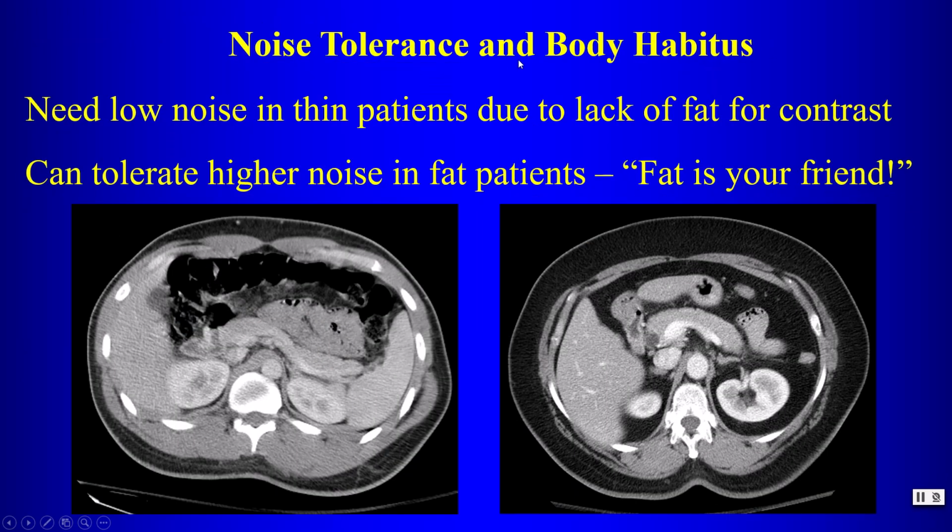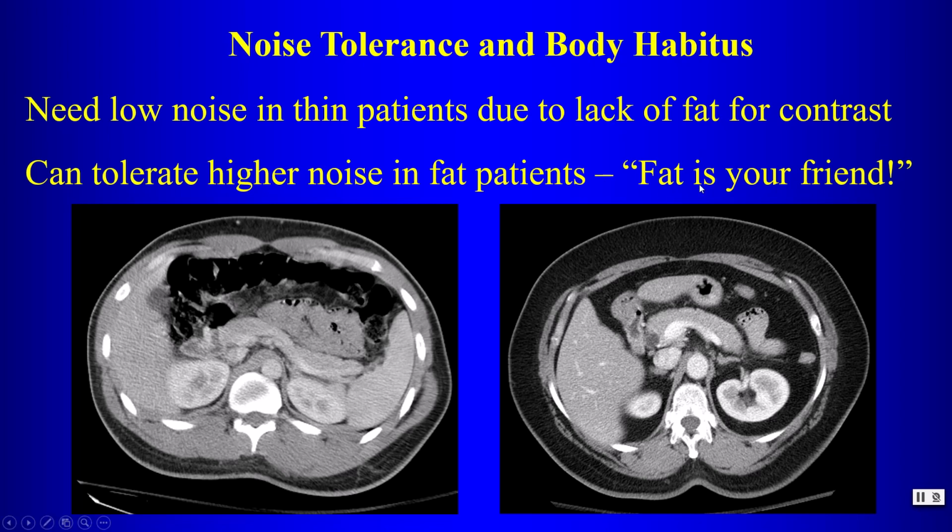Now, noise tolerance and body habitus. In thin patients, because you don't have a lot of intra-abdominal fat to provide contrast at the edges of organs, we don't have very good tolerance for noise. So we need low noise in thin patients. However, in patients who have more intra-abdominal fat, you can tolerate higher noise.